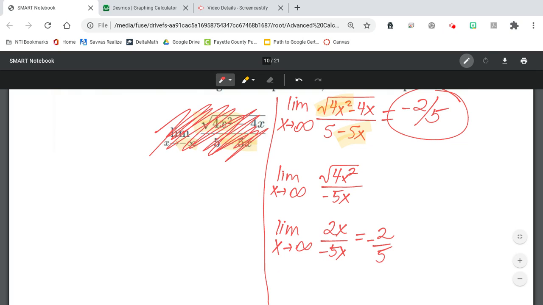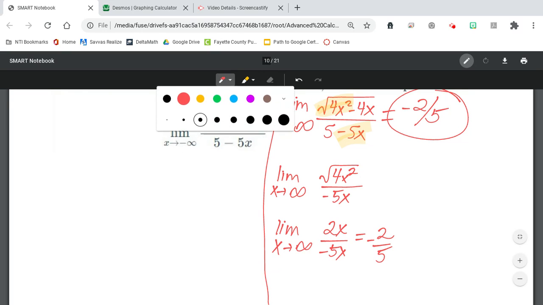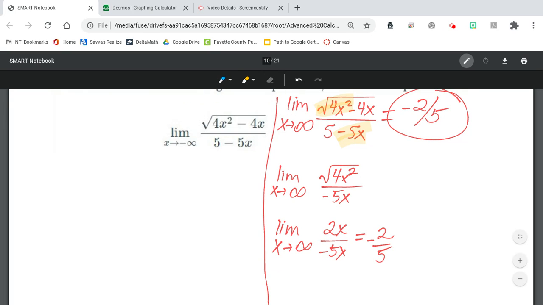Now you do have to be careful though when x approaches negative infinity. So let's go back over to this other side and think about it when x approaches negative infinity. So for real, we're doing the problem now. I'm going to again compare the most dominant terms.